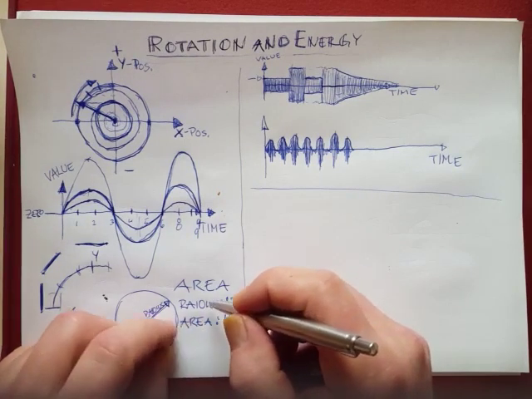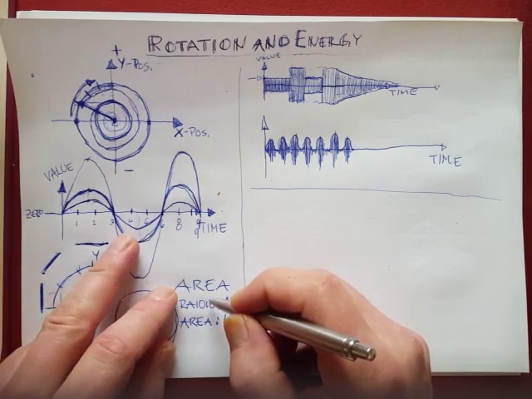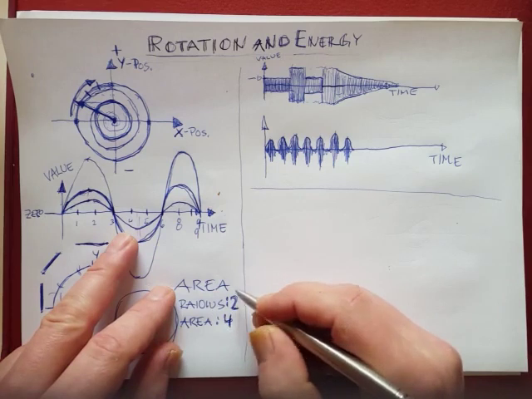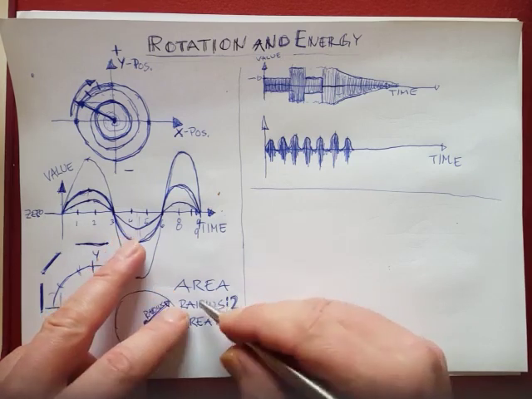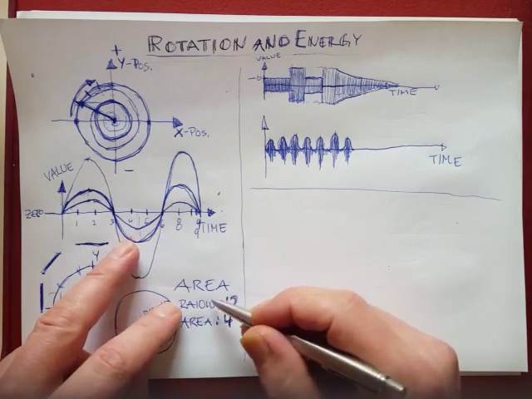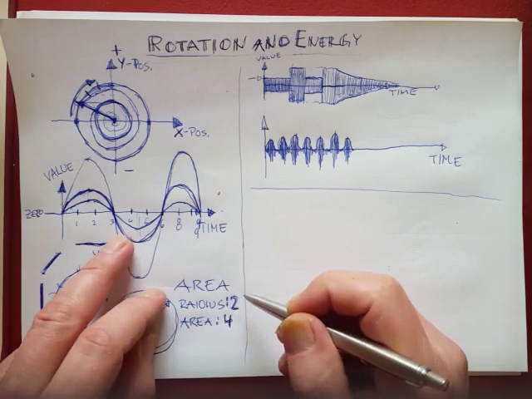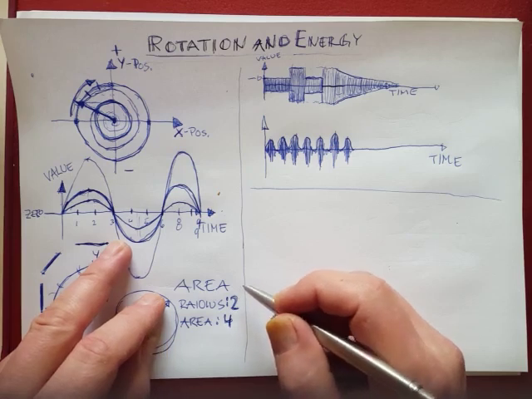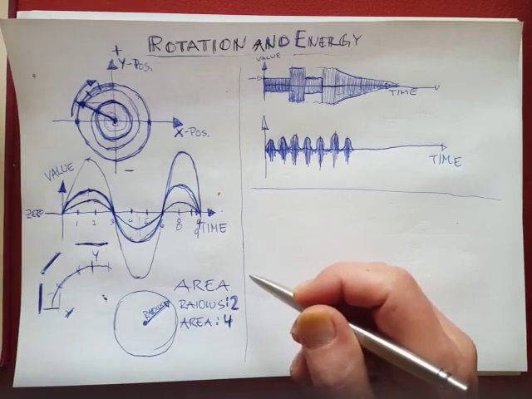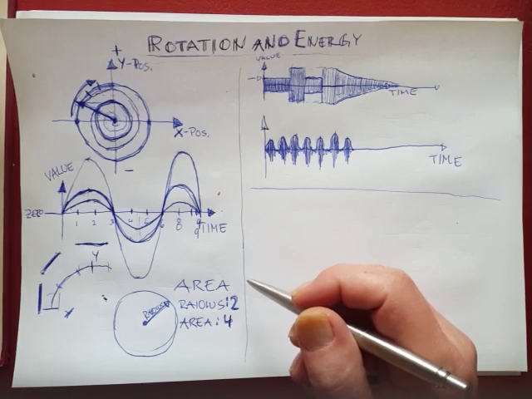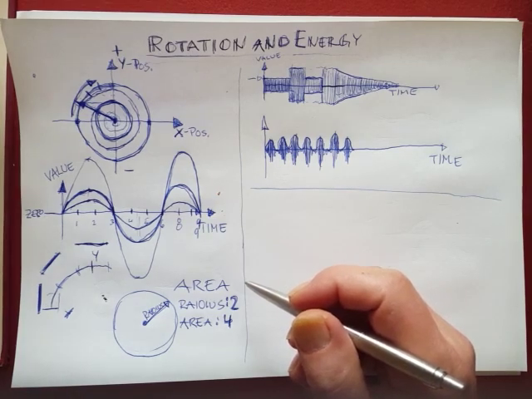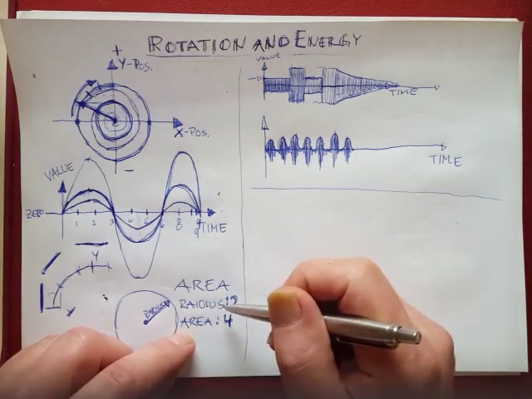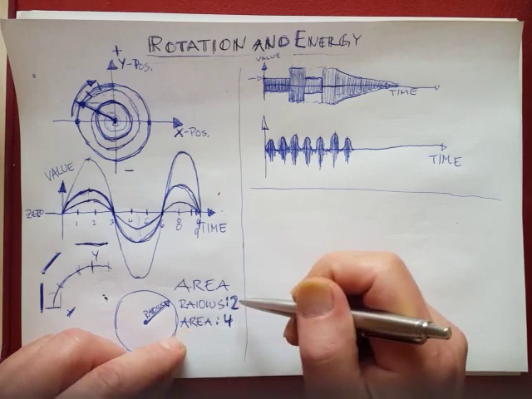More precisely, the area increases with the square of the radius.